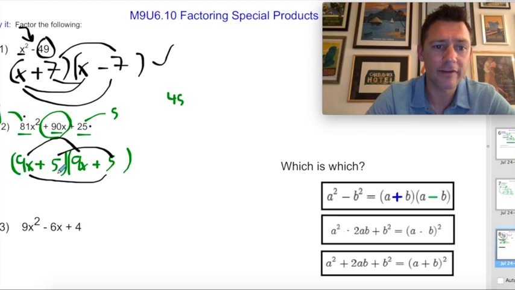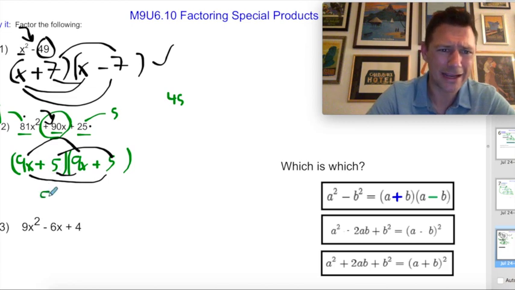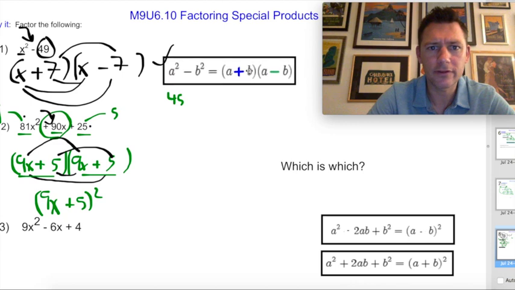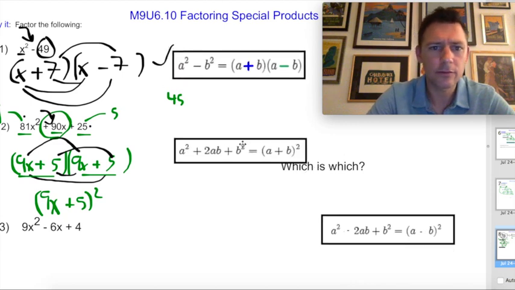This is 45x and 45x more, and that gives us that 90x. And then instead of just leaving it there, you say I've got this times itself. So 9x plus 5 squared. All right. Great. So far, this one is this one, and this one is this one.